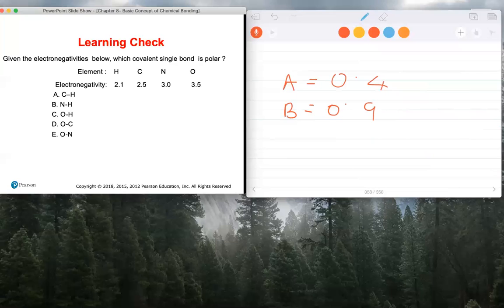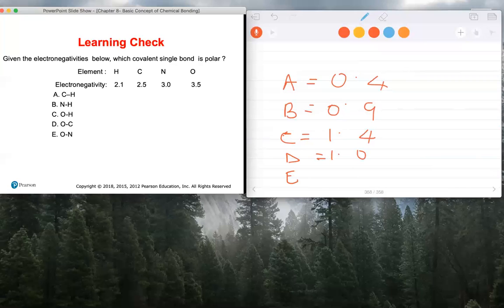Then 3.5 minus 2.1, C is 1.4. D is 3.5 minus 2.5, this is 1.0.